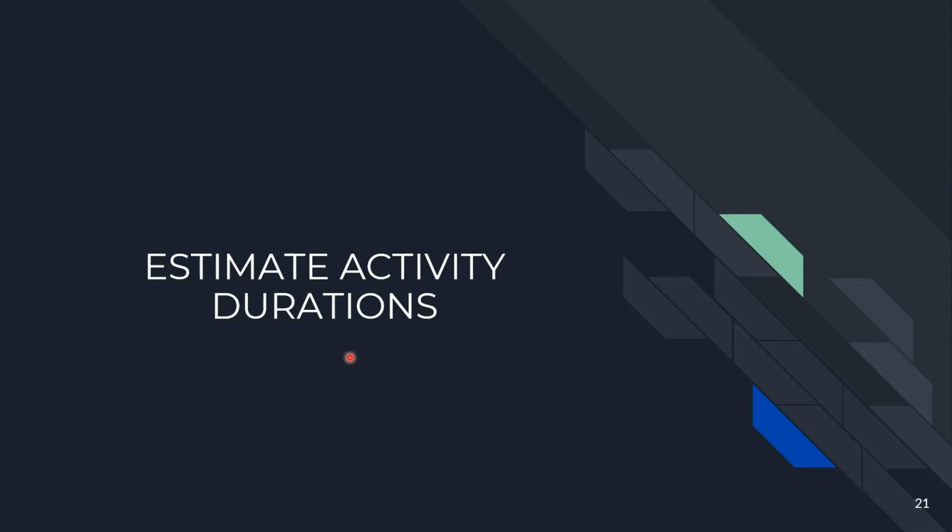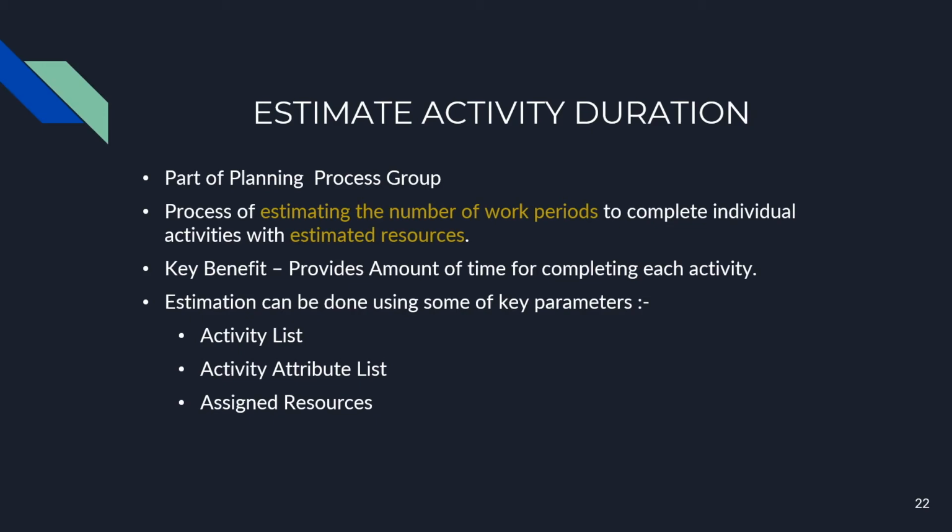The next process in project schedule management is estimate activity durations. The estimate activity durations process is also part of the planning process group. Keywords are: it estimates the number of work periods required to complete the individual activities with the estimated resources.